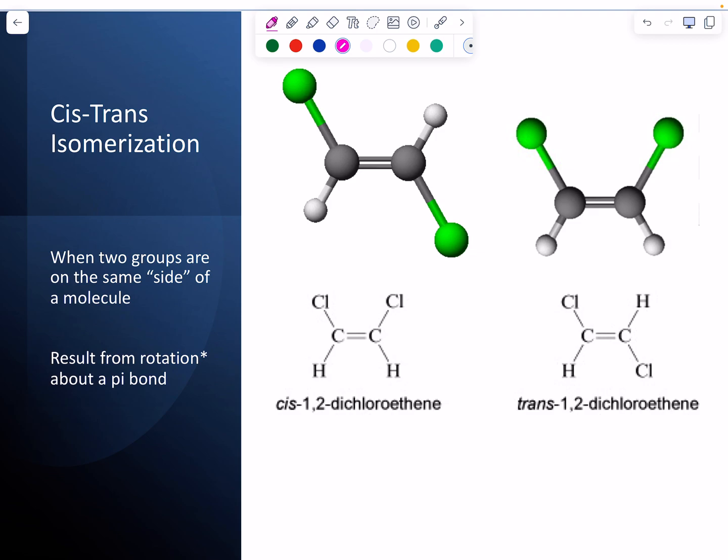So we've got the same number and type of bonds, but different positions in space.